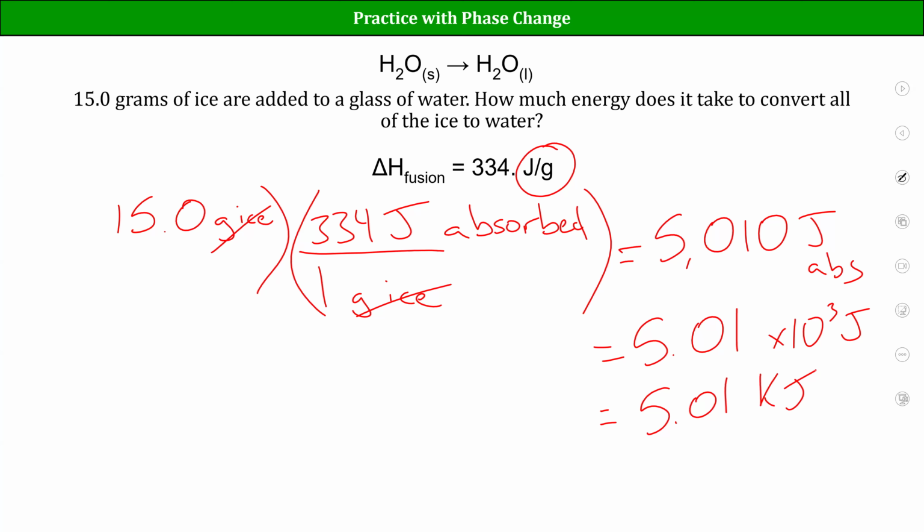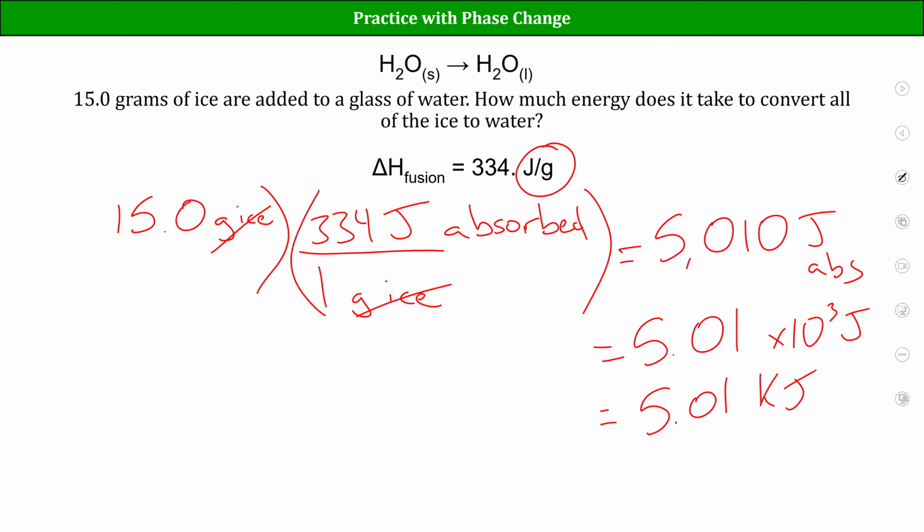This is a little more than half as much ice, and it's absorbing 5 times as much energy. There's a lot of energy in these latent heats. The phase changes, especially for polar compounds like water, take a lot of energy.